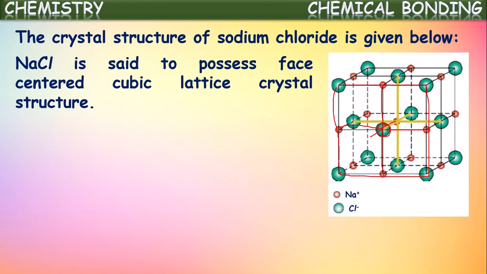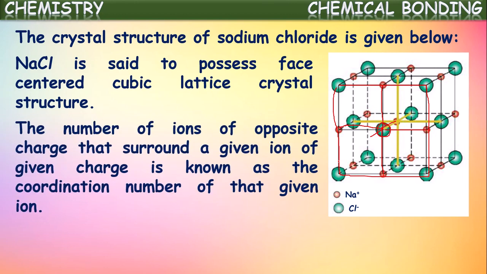It means in sodium chloride each Na+ ion is surrounded by 6 Cl- ions from all directions in 3-dimensional space. That we say as coordination number. So NaCl is said to possess a face-centered cubic lattice crystalline structure.